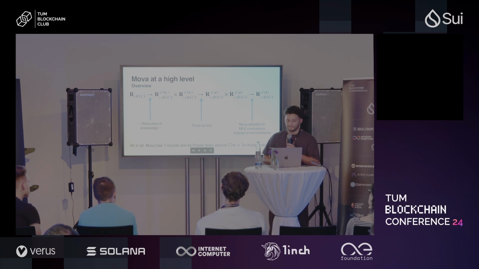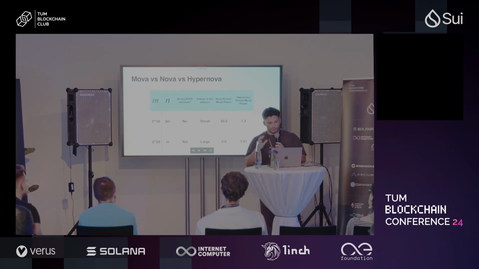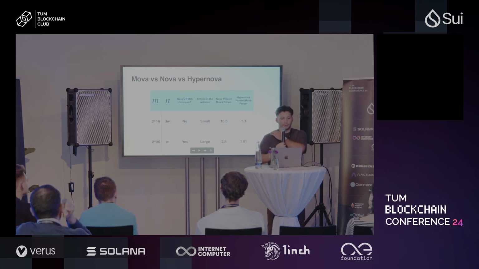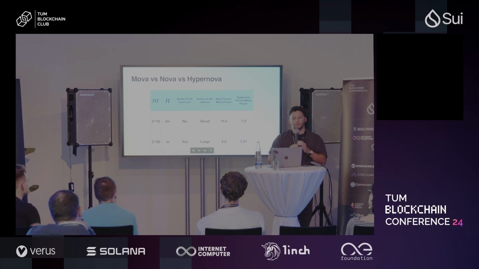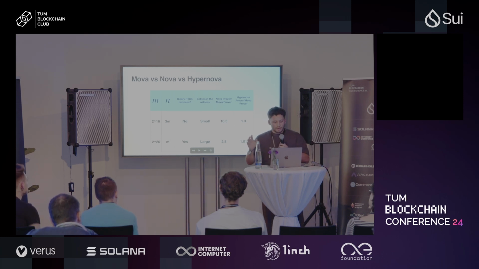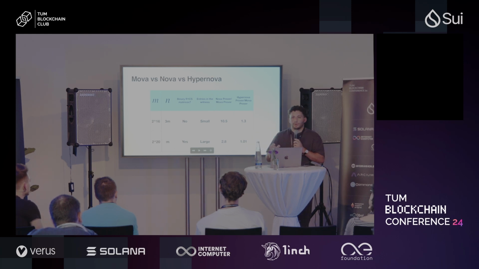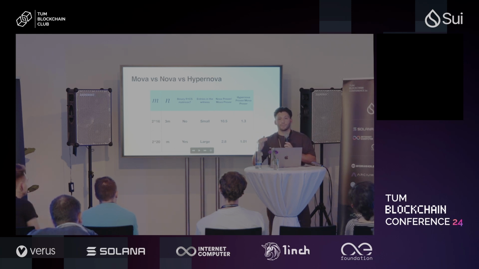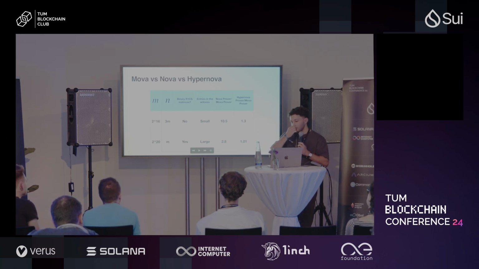And just to give a bit of comparison, here are some numbers with respect to Nova and Hypernova. With Hypernova, the comparison in terms of prover work is similar, but you have to remember that Hypernova has this problem where it has a high number of rounds, where when you want to instantiate IVC, you run into some issue. So before Mova you had 2 choices.